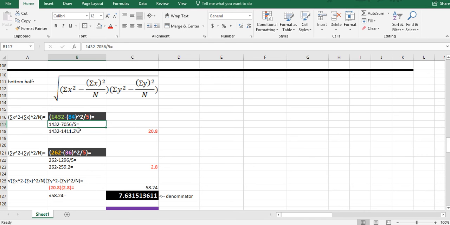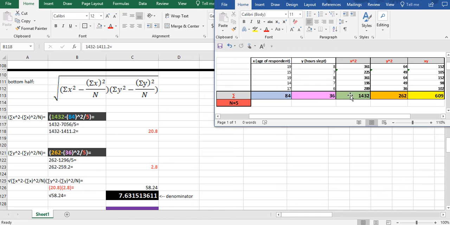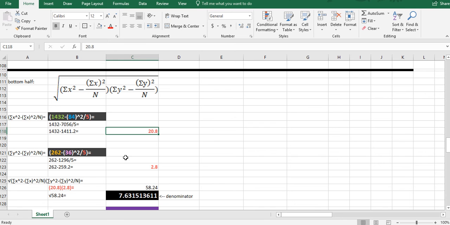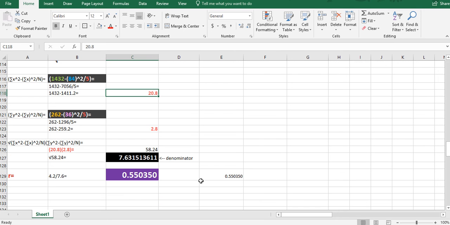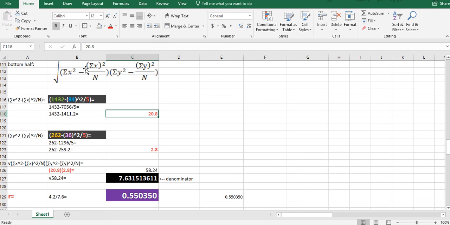I'm going to divide that by 5 for 1,411.2. And I'm going to subtract that from the sum of x squared, remember, in green. And then I got 20.8. So that's one part that I need for this. It goes here.